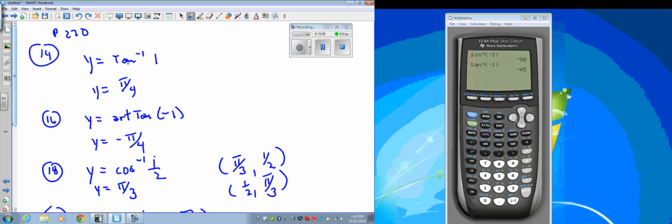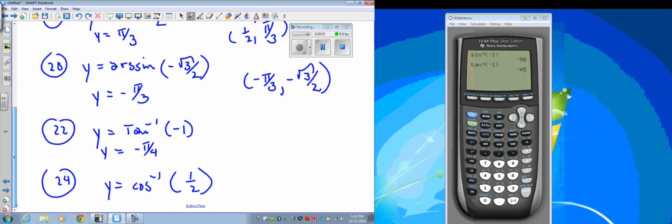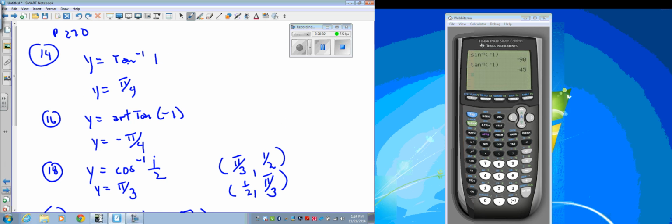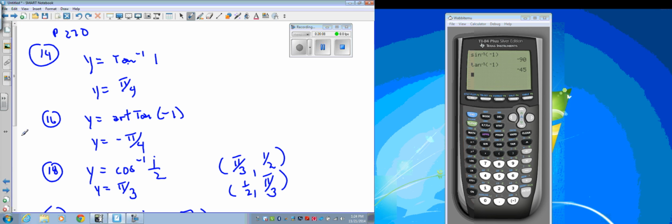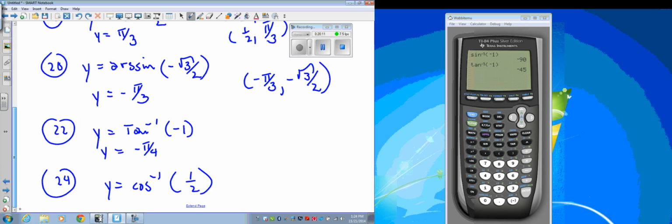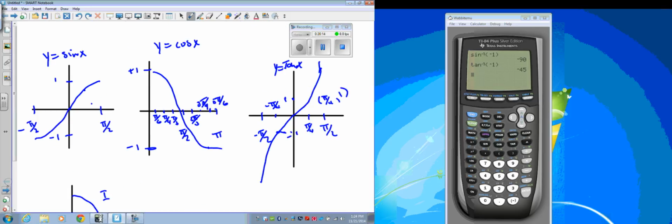Did we have cosine or something? Cosine. Yeah, you had me confused as to what you were talking about. I was looking at sine, not cosine. Yeah. So cosine at 1/2, where are you going to be at?